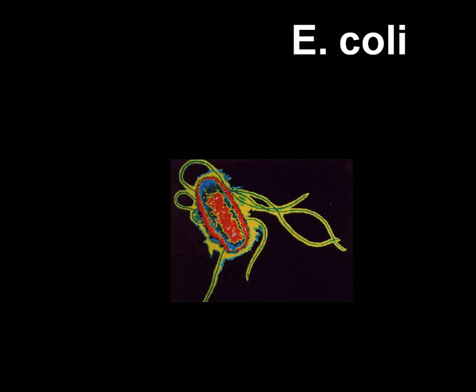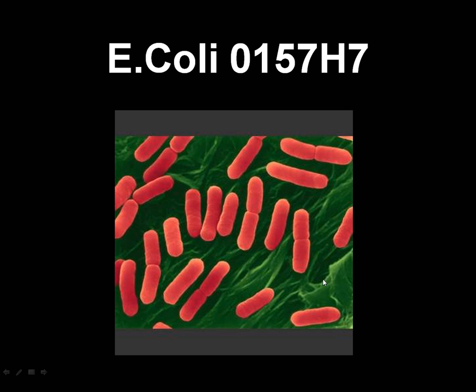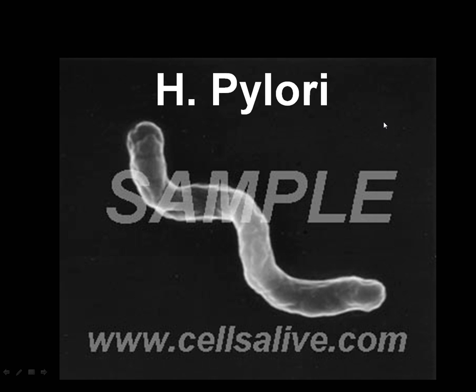This is an E. coli, and you can see it's got flagella, so commonly found in our gut. Another type of E. coli, this is one that, so most E. coli don't actually cause us any problem, this one gives you really bad diarrhea. You'd probably even have bloody diarrhea with this.